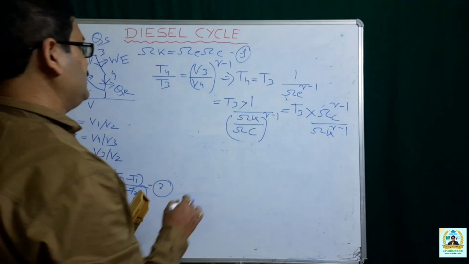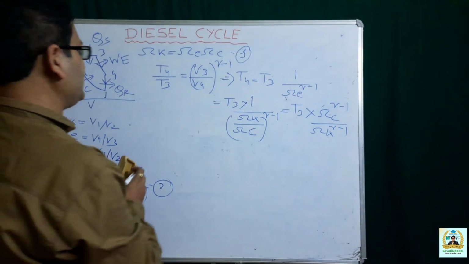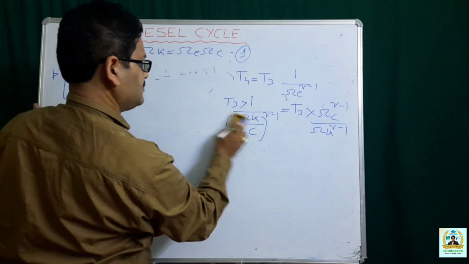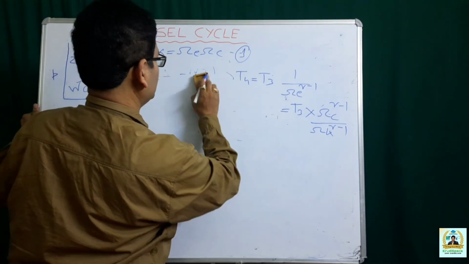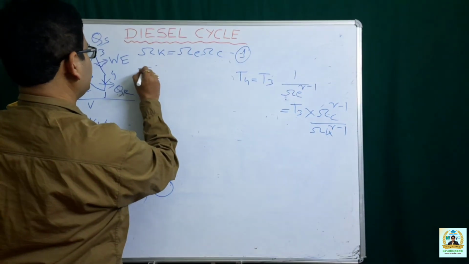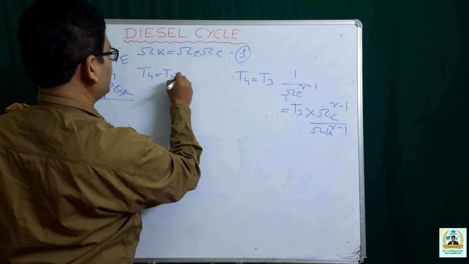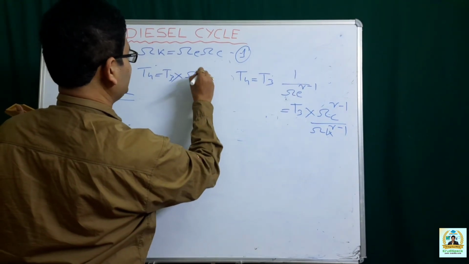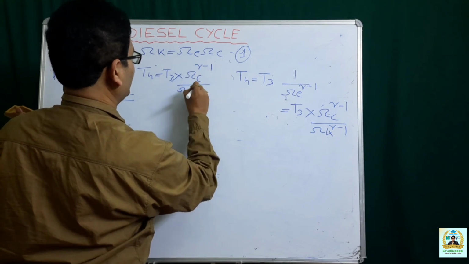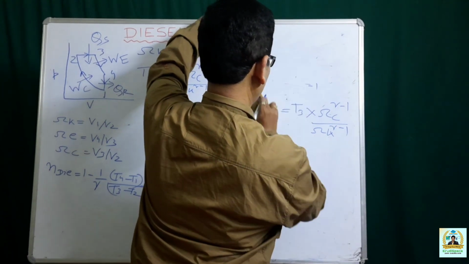So the relationship between T4 and T3 becomes your equation 3, that is T4 is equal to T3 multiplied by RC to the power gamma minus 1 by RK to the power gamma minus 1. This becomes equation 3.